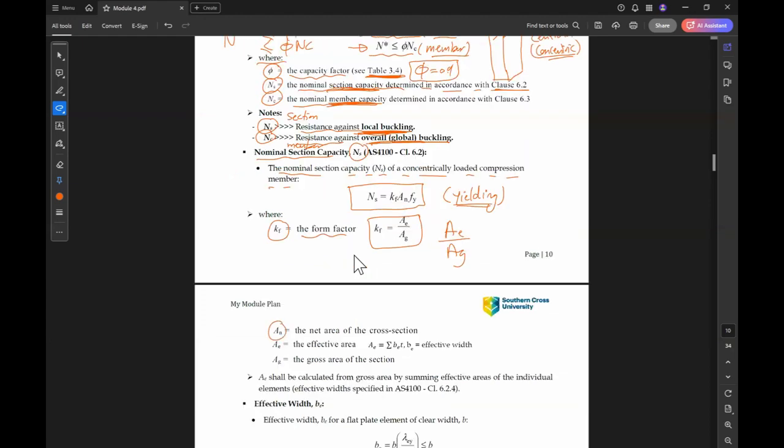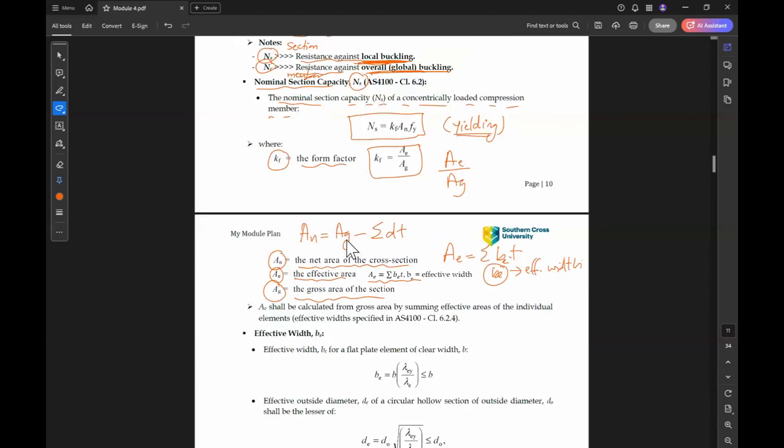Area net is the net area of the cross section, similar to before: area net equal to area gross minus the holes, or summation dt. Area effective is the effective area, equal to summation B effective times T, where BE is the effective width. Area gross is the gross section area of the section, similar to the tension member.